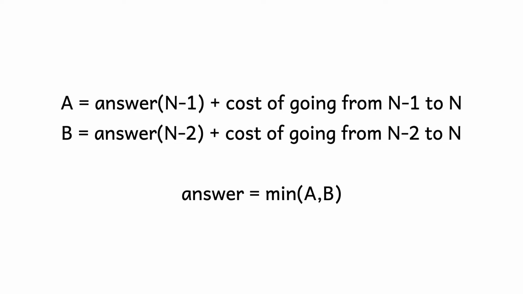And on that front, it cannot really hope to beat answer of n-1 or answer of n-2, because these quantities by definition are the optimal costs for reaching stones n-1 or n-2, as the case may be. So hopefully this sequence of arguments convinces you that this setup does lead you to the right answer. So this equation is what we want to compute.